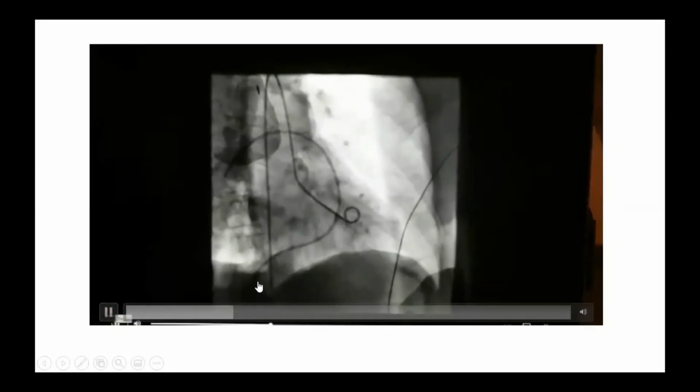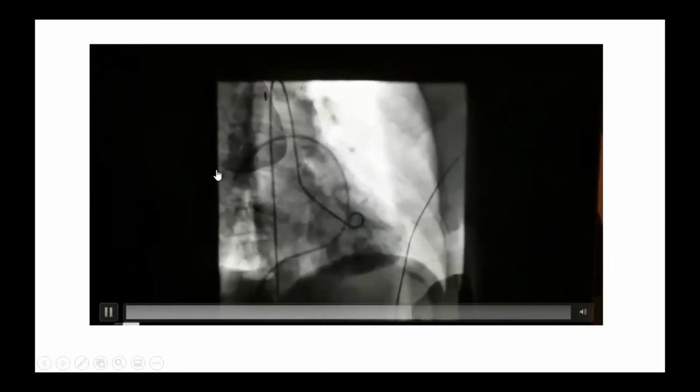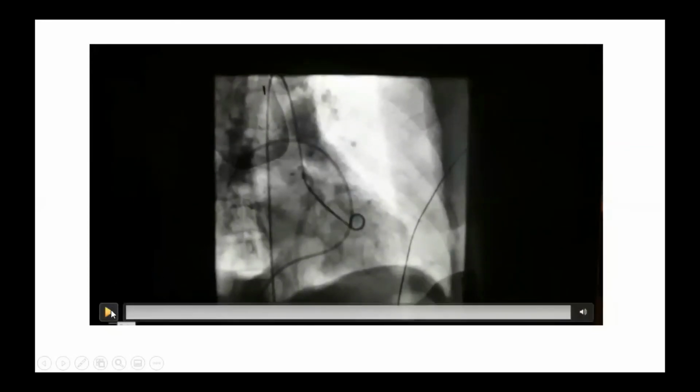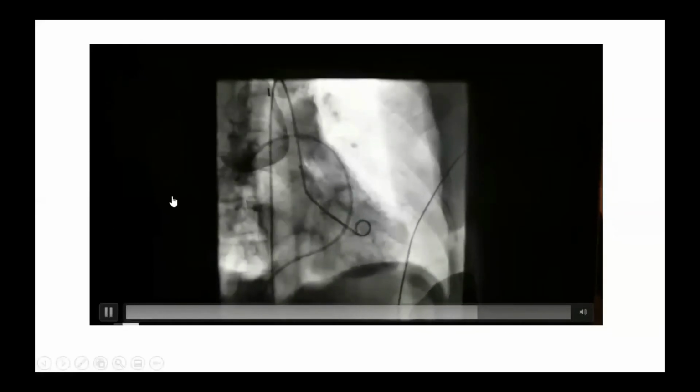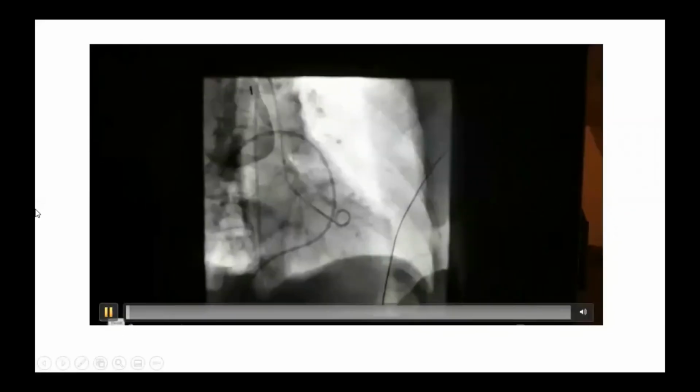Are you sure this is a pacemaker? No, it's an intra-aortic balloon pump, the one you can see inflating and deflating. This is the pigtail catheter, and that's the Swan-Ganz, going to the left ventricle.